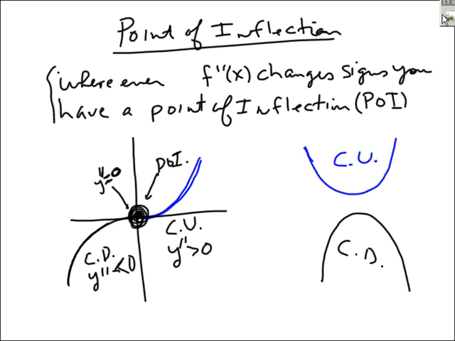If you go from negative to positive, you have to be 0 in the middle. The second derivative equals 0 right at the point of inflection, every time. Every time you have a point of inflection, y double prime is 0. Notice, I never said every time the second derivative is 0, you have a point of inflection. Those are different statements.